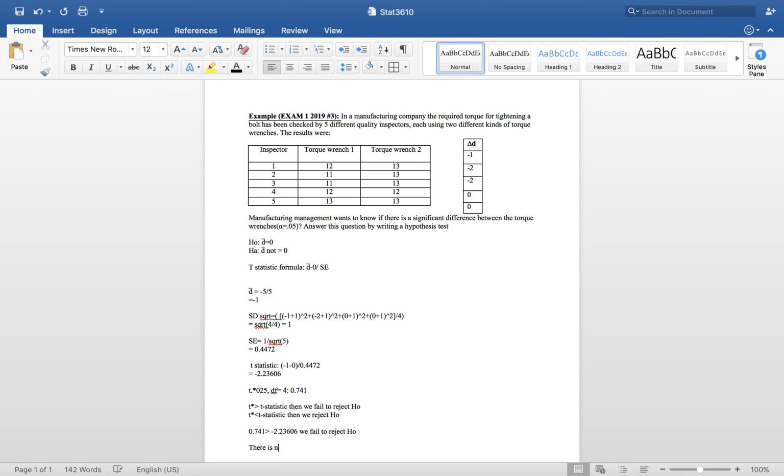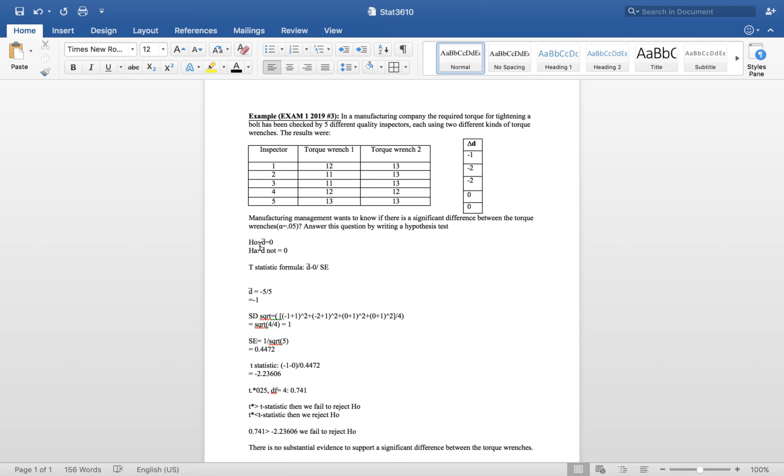There is no substantial evidence to support a significant difference between the torque wrenches.